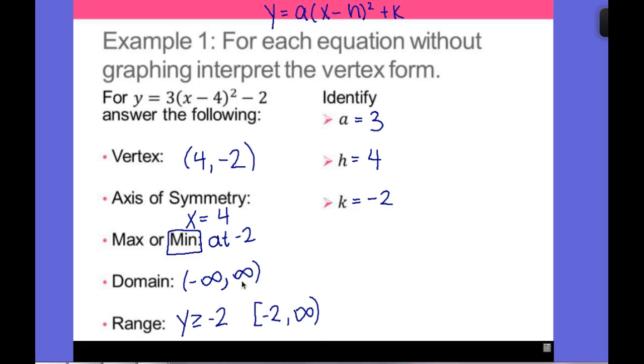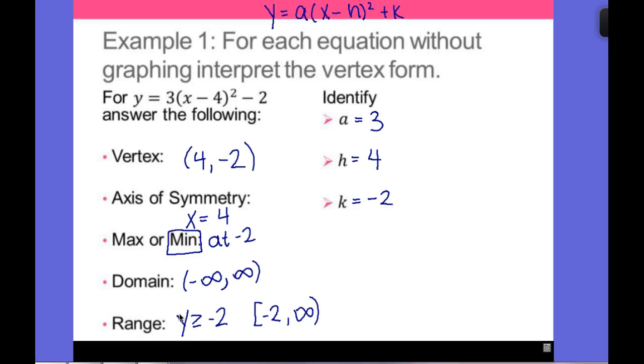The range value will always be related back to the k value. In this case, since it's a min, my y's are greater than. A min will have greater than, a max would be less than.